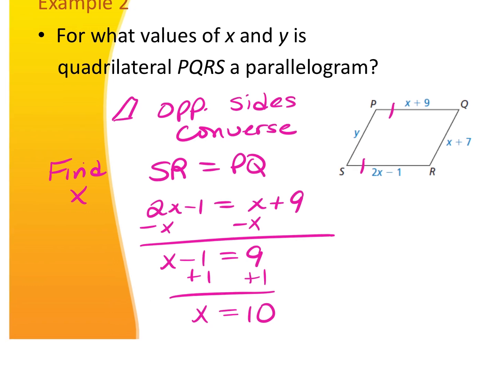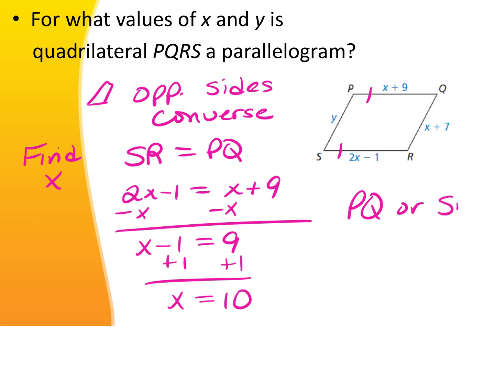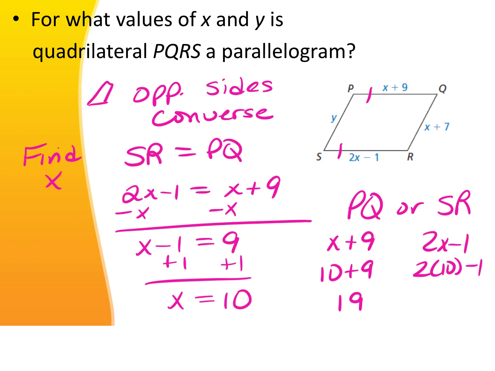However, let's say instead they said find the value of PQ or SR. Remember, PQ was x plus 9. SR was 2x minus 1. It wouldn't matter which one I plug it in. They both need to give me the same answer. If they don't, I've done something wrong. So they both have a length of 19.